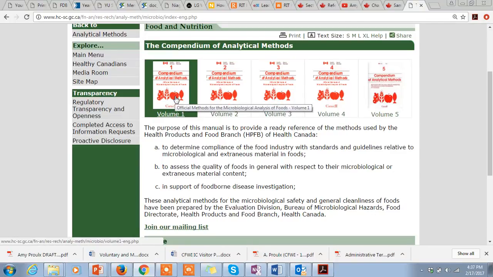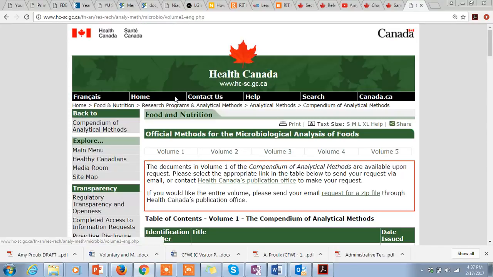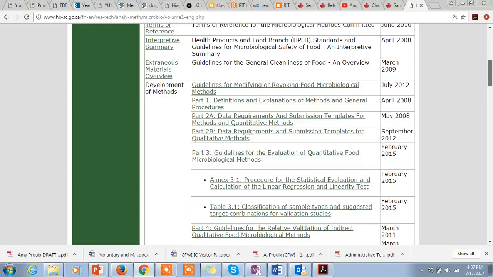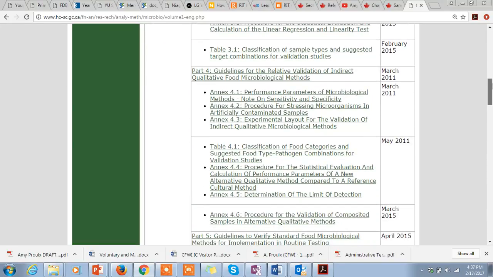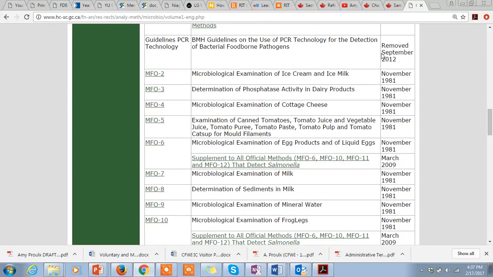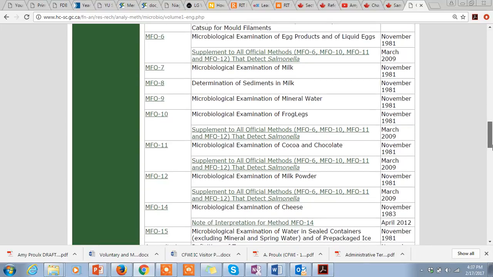And these are validated methods. They have been proven by Health Canada to meet the requirements for testing of food products. So there's a whole bunch of different methods. I don't think anyone's making ice cream and milk, but there are testing methods specific to a variety of commodities.